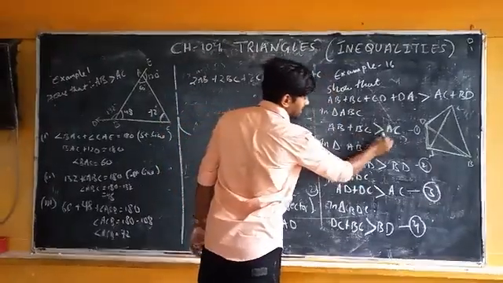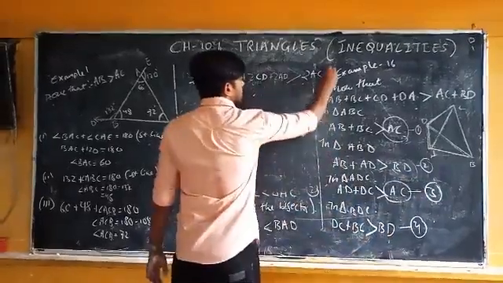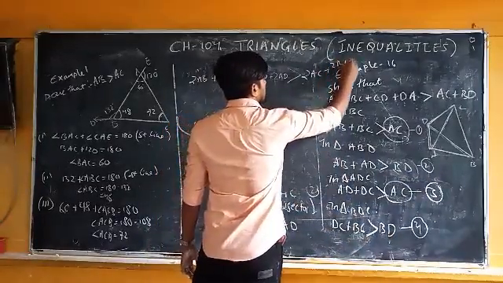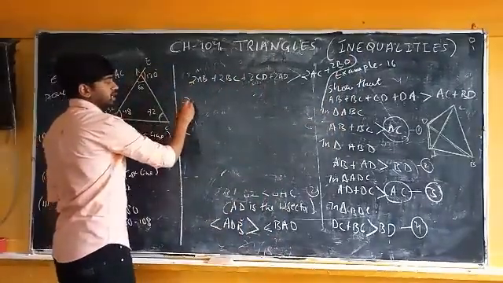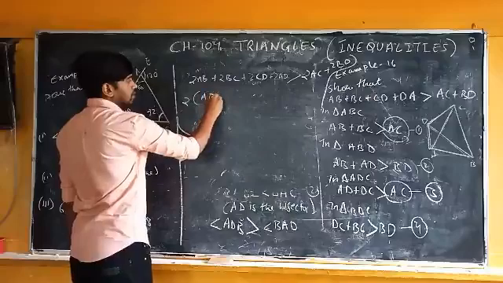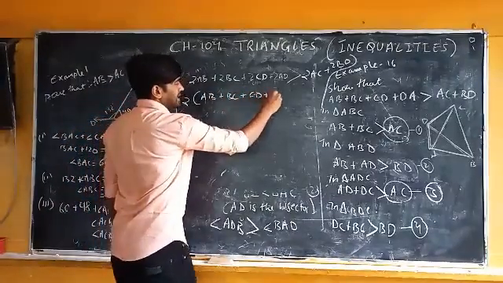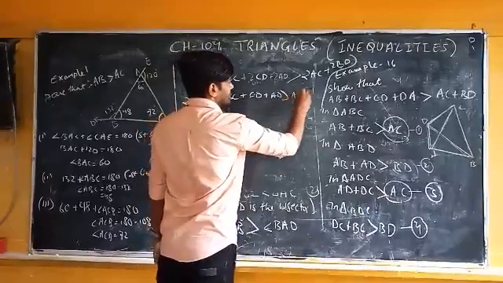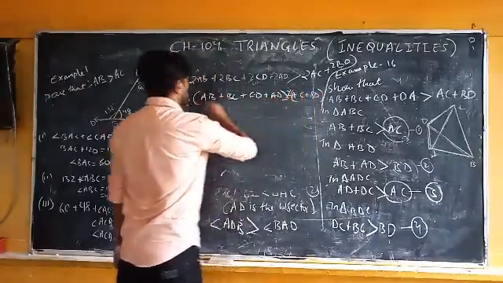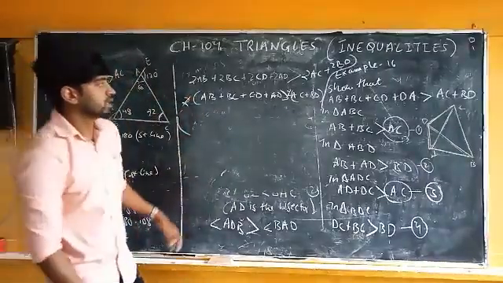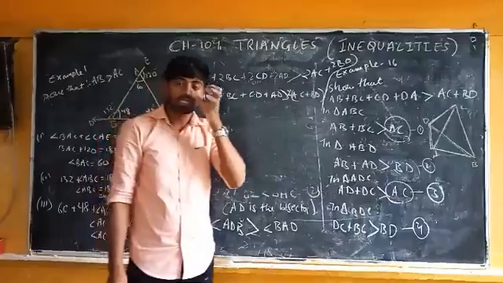If we add this side AC and AC, BD and BD, plus 2BD. Okay, and then take 2 common out. If you take 2 common out of here, AB plus BC plus CD plus AD is greater than AC plus BD, and 2 is common, so 2 and 2 cancel out, because when it goes to the other side it gets divided, so 2 comes below and cancels out.